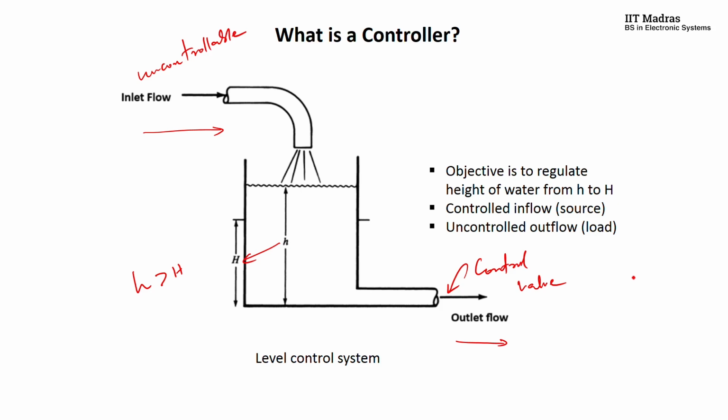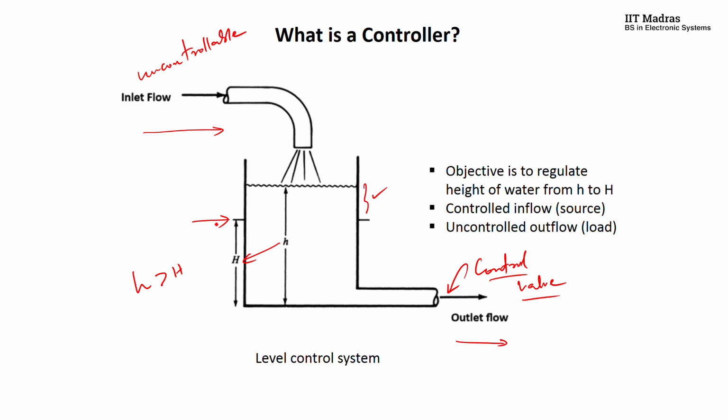In such a case, depending on the inflow rate, there could be a change in level h, and therefore the idea is to manipulate the outflow so that the level settles down somewhere at capital H.